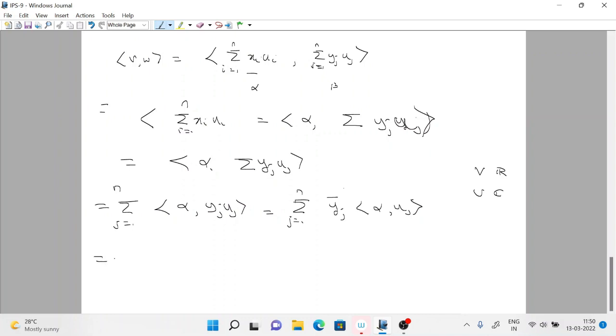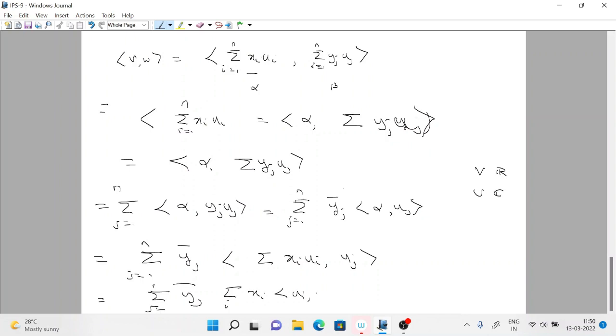Now I can do that. So I have summation j equal to 1 to n, yj bar into summation xi ui with uj. Right. But what is that? That is going to be, by the same kind of rule, summation j equal to 1 to n yj bar, and this xi comes out, therefore summation over i of xi and inner product ui with uj.